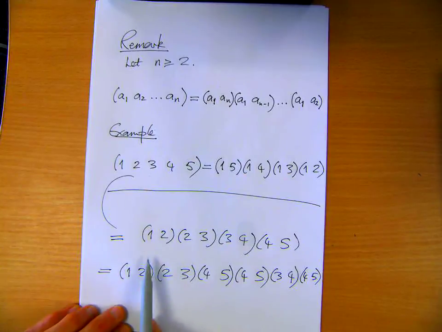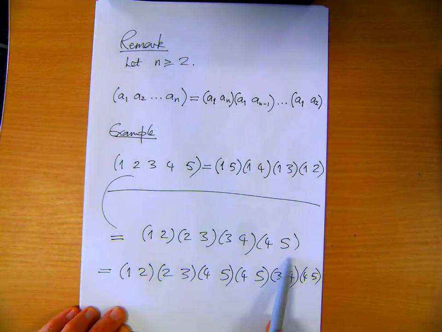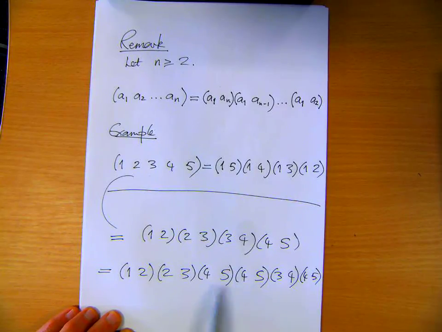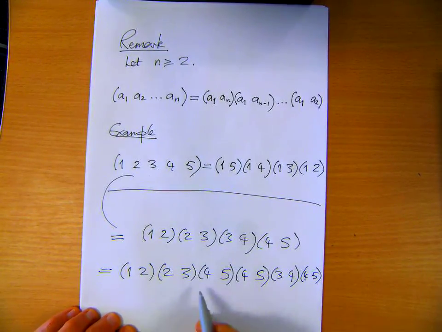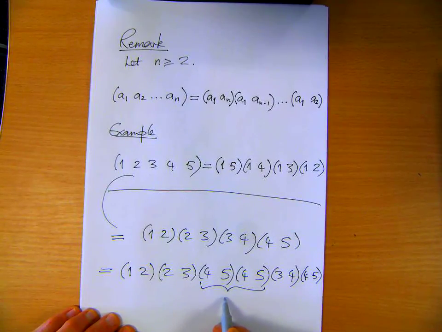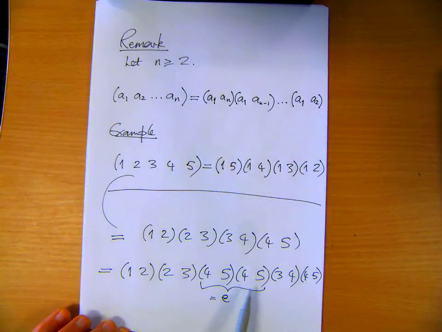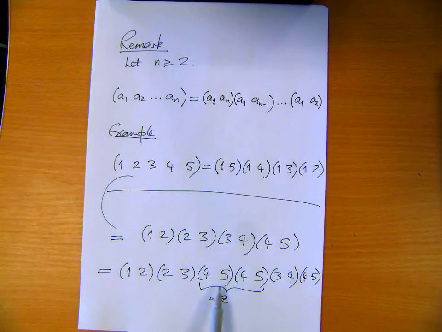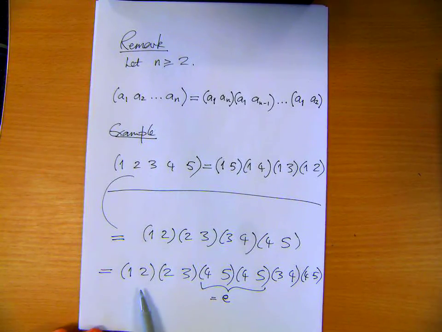So all I've done here is taken this decomposition as a product of transpositions, and I've slipped in a (4 5)(4 5), which doesn't change it because (4 5)(4 5) is just the identity. Because it swaps 4 and 5 and then it swaps 4 and 5 back. So I'm doing that to make the point that this decomposition into a product of transpositions is not unique.